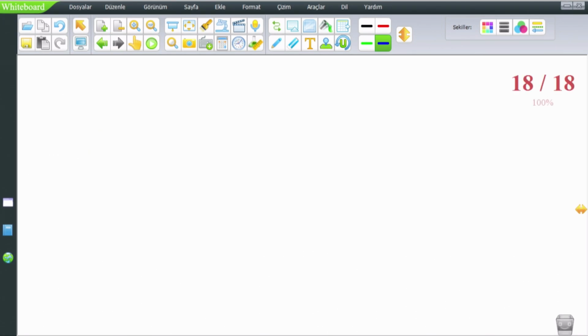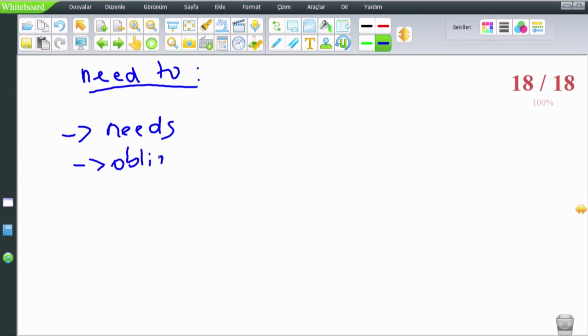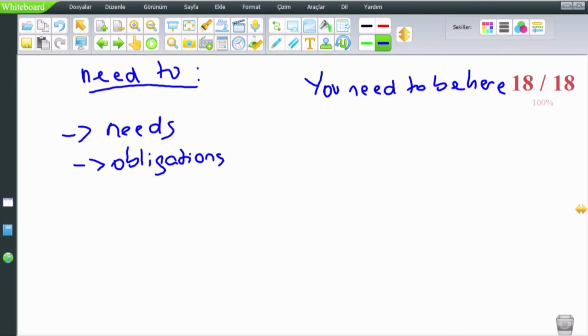And last but not least, we have need to, which can represent needs or obligations. For example, you need to be here at 8 a.m. tomorrow.